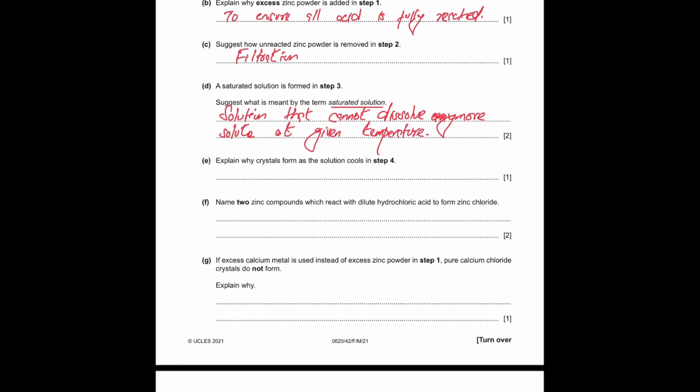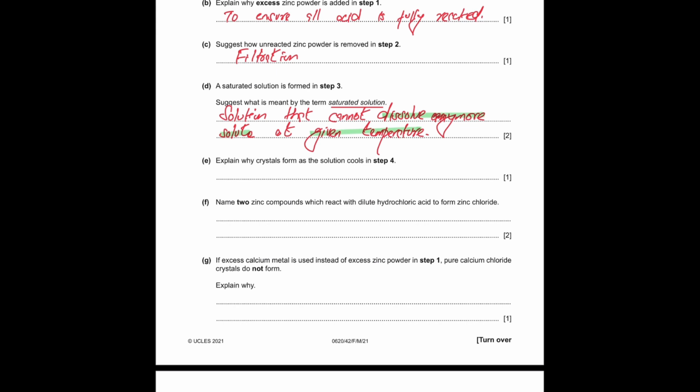So it's a 2-mark question. The 1 mark is for not dissolving any more solute, and the second is for the condition, at a given temperature, because temperature affects the solubility.